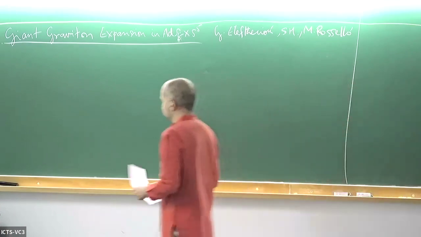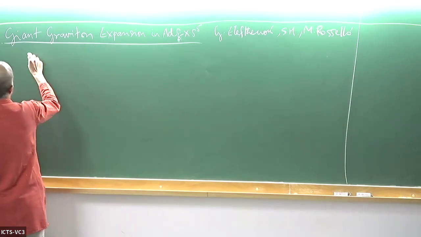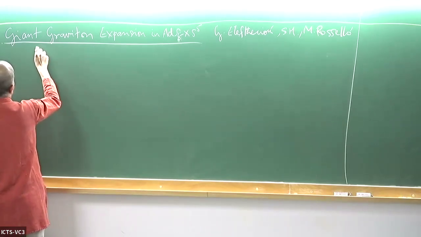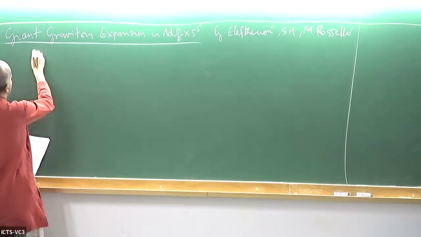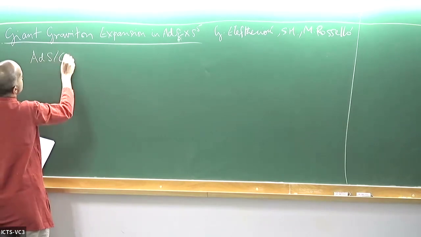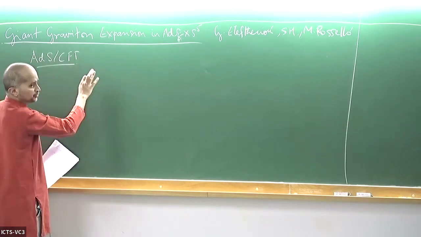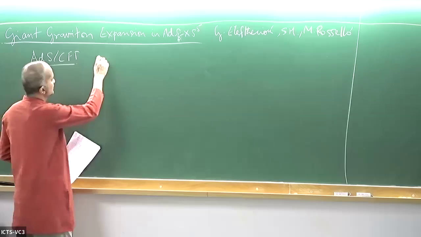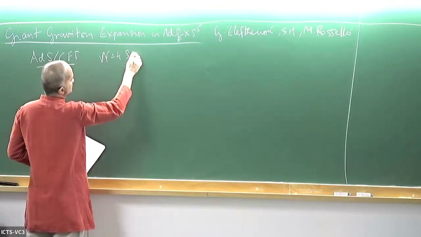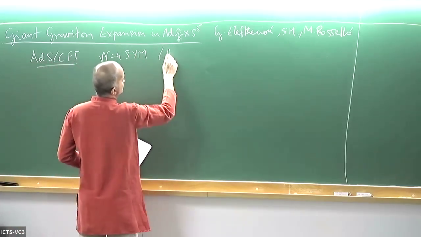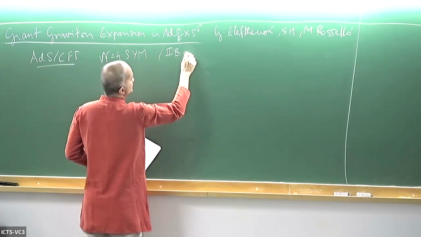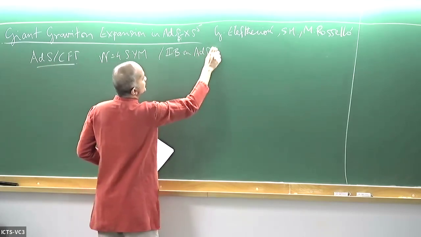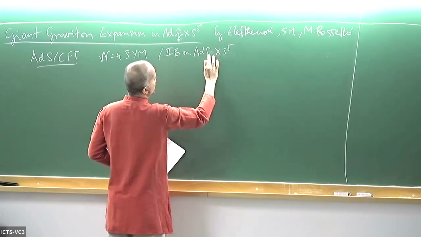So the context is AdS. Think of AdS/CFT, or more generally holography. In order to be concrete, to have one example, I'll take N=4 super Yang-Mills on AdS5 times S5.